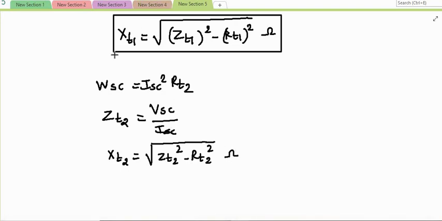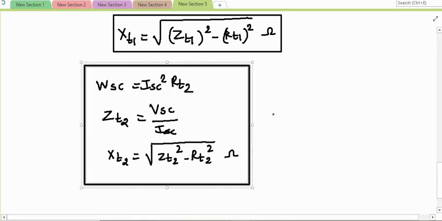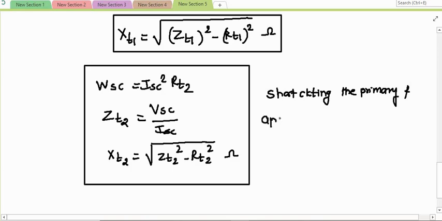So these are the formulas if you are short circuiting the primary and applying voltage to the secondary, and in that case you have to draw the equivalent circuit referred to the secondary side only, because you are applying voltage to the secondary.